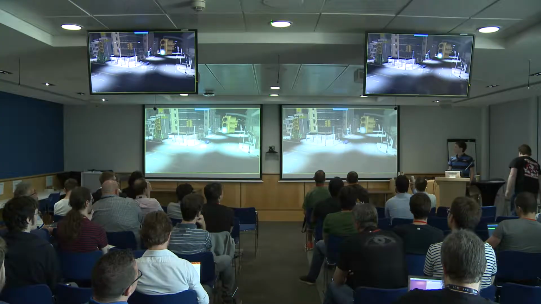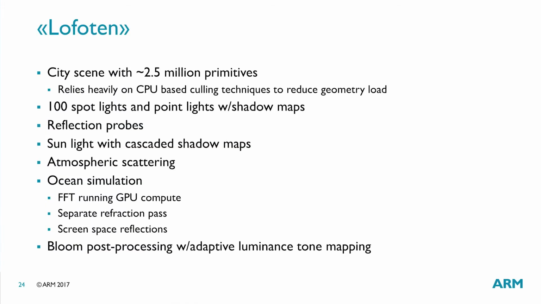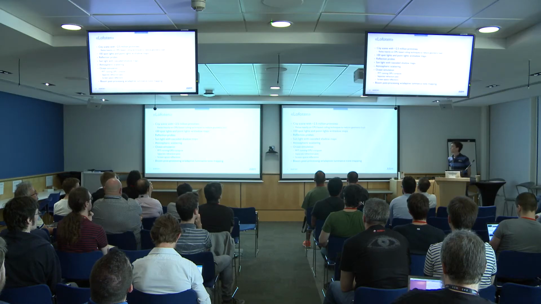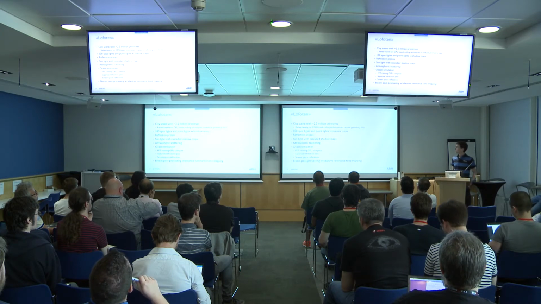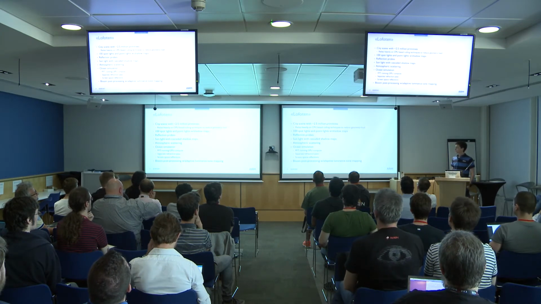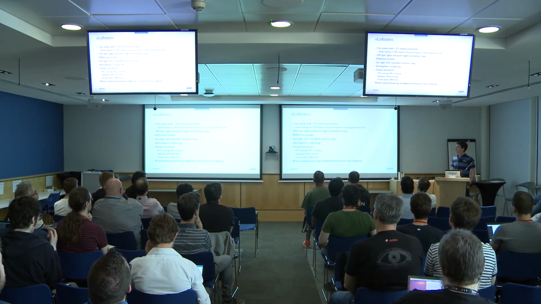Yeah, so Lofoten was sort of the Vulkan tech demo that we created when launching Vulkan last year. So this is a very crazy type of scene with 2.5 million primitives. It's not what you would typically use for mobile. So we had to do a lot of trickery in order to make it run.